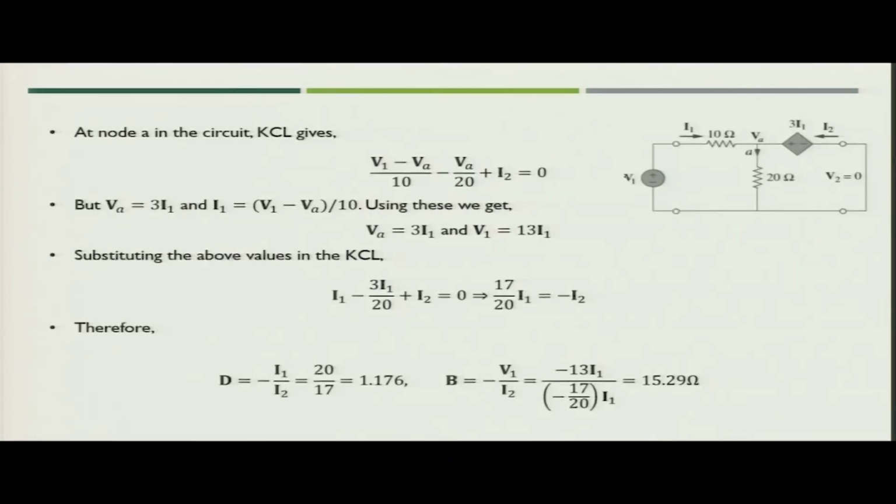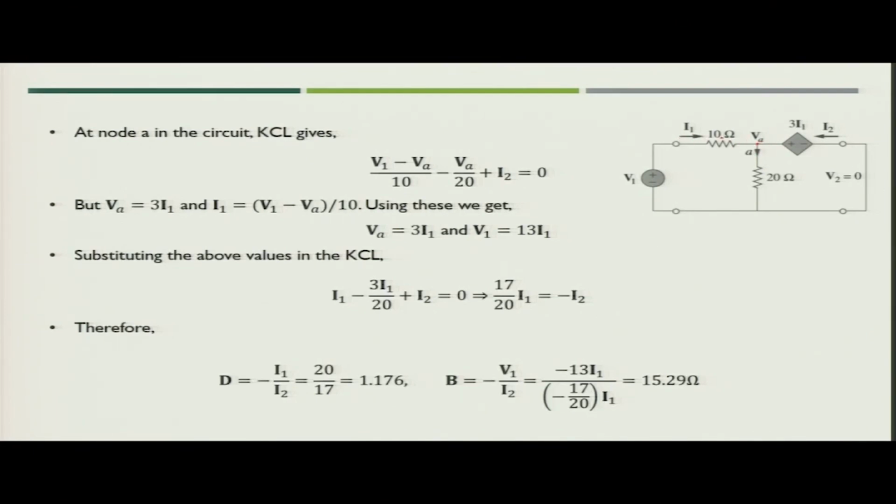So, how will you solve? If you see the circuit, you can apply Kirchhoff current law at this node. Let us say the voltage at this node is VA. What can we write? We can write I1 is nothing but (V1 minus VA) by 10, and the current is going inside.